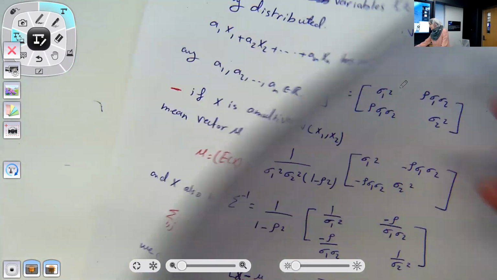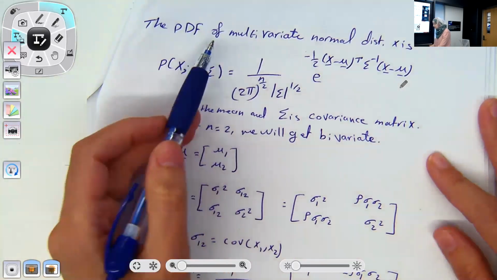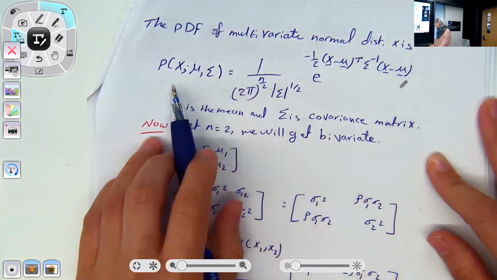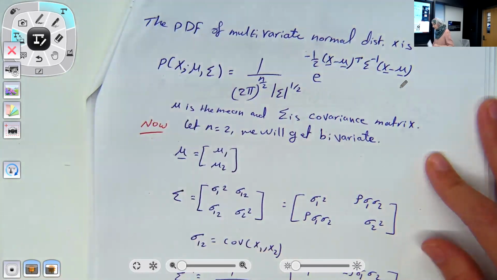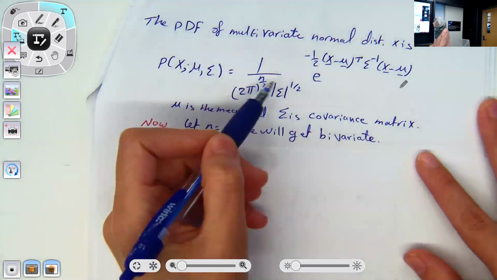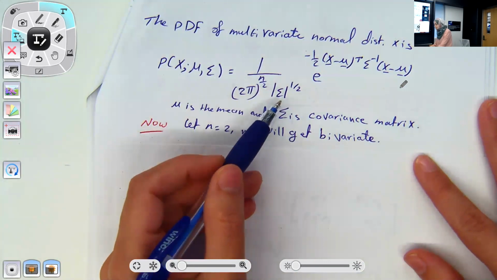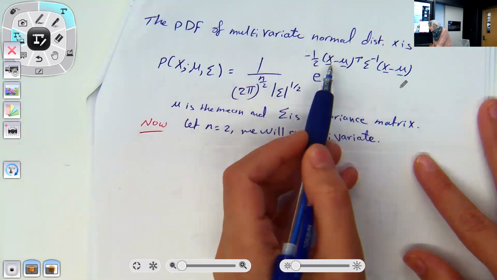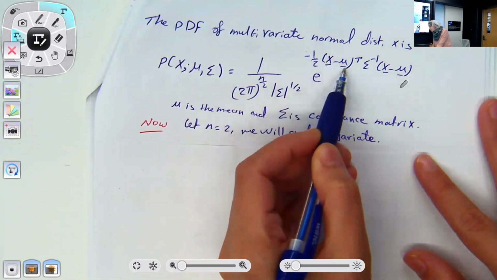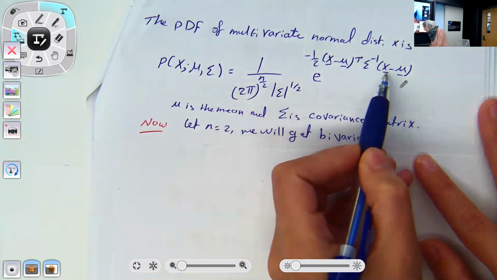Now, we need to know what the PDF is for this distribution. The probability density function of the multivariate normal distribution is given by 1 over 2 pi to the power n over 2, multiplied with the determinant of sigma to the power of a half, multiplied with the exponential of minus a half, x minus mu transpose, multiplied with the matrix sigma inverse, multiplied with x minus mu.